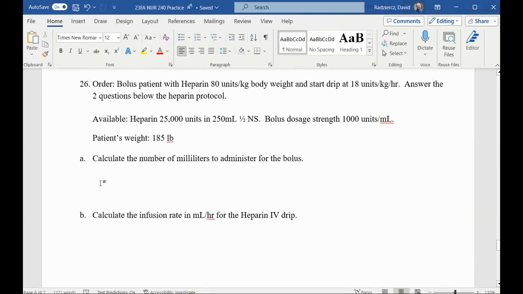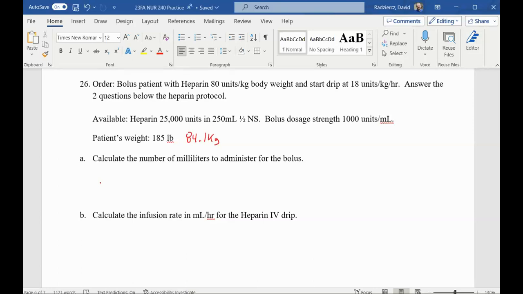Step 1, we need to convert the patient's weight in pounds to kilograms. So 185 divided by 2.2, and I'm going to get 84.09. So I'm just going to round that to 84.1 kilograms. If you leave it in your calculation, you should end up with the same answer.